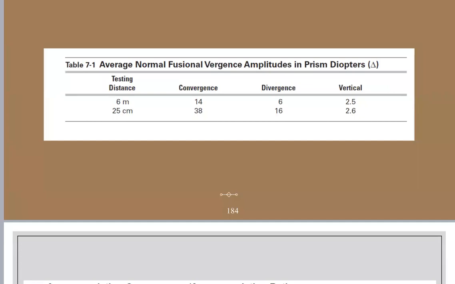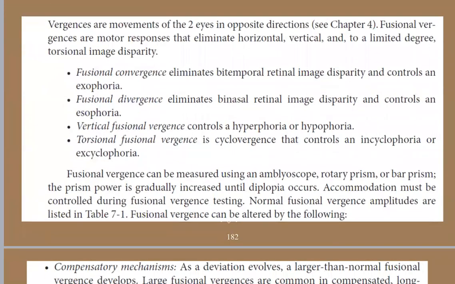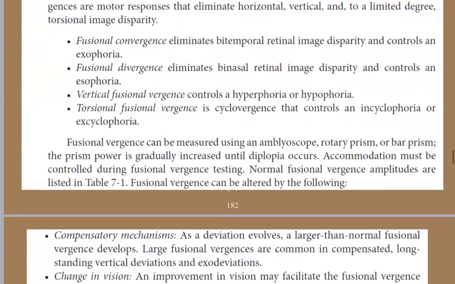This is an extremely large amount. Also the divergence is 6 and 16, and the vertical in far and near has no difference. It is from 2 to 3 prism diopters. So the highest power in the fusional vergence is convergence, then divergence, then vertical, and also I have torsional vergence.